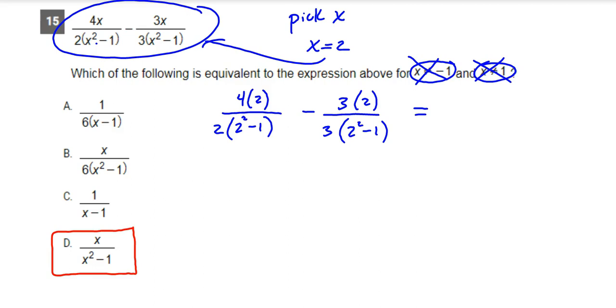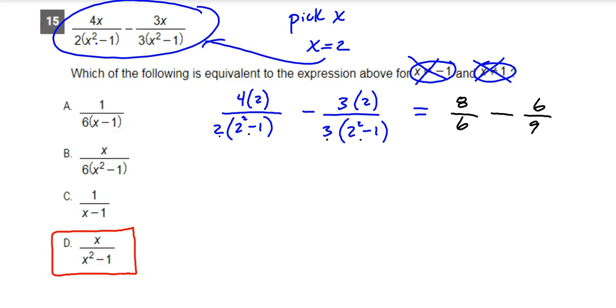When I simplify this down, the first one is 8 over 2 times 3, which is 6. So 8 over 6 minus, and then over here I have 6 divided by 3 times 4 minus 1, and 3 times 3 is 9. So I have 8/6 minus 6/9. If you have a calculator, you can just punch it in.